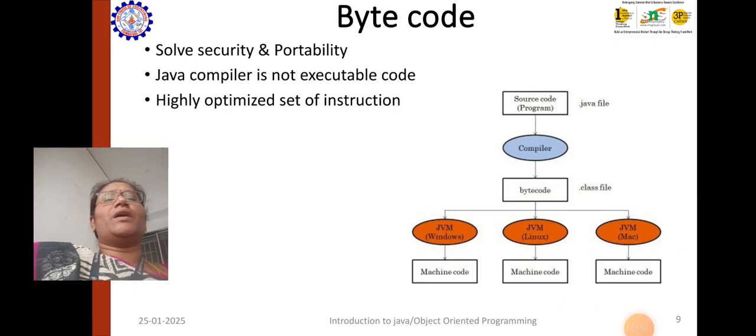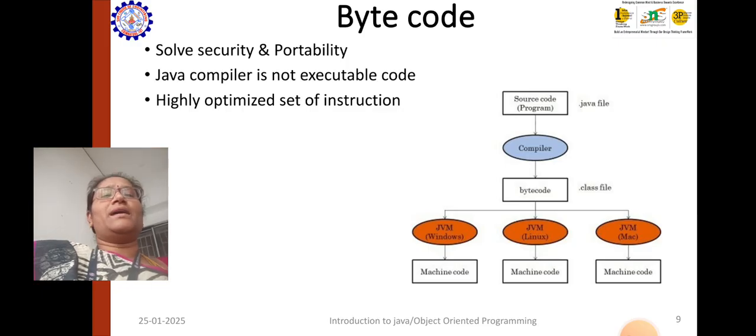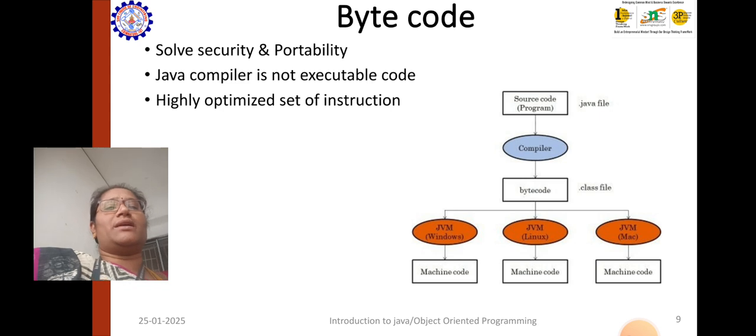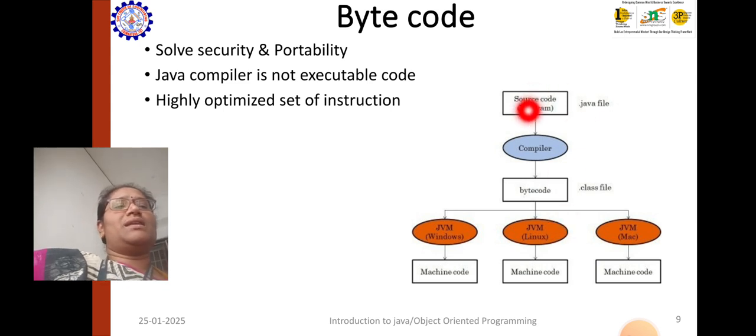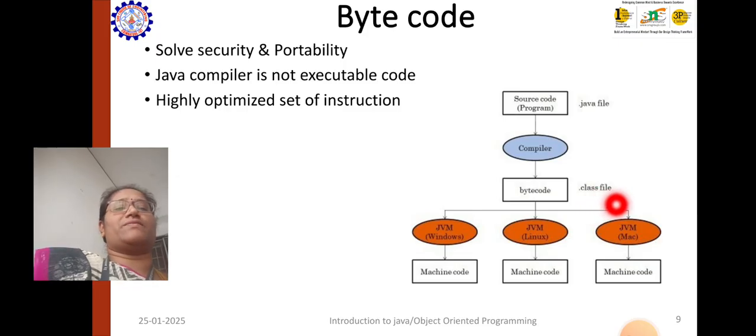Then the next one is bytecode. Whatever we give in a Java program will be converted into bytecode. It solves the problems of security and portability. The compiler output is not executable code, but a highly optimized set of instructions. Basically the .java file is a source file, and it is given to the compiler, which converts it into bytecode in the form of a class file.